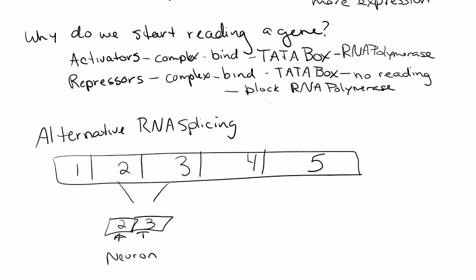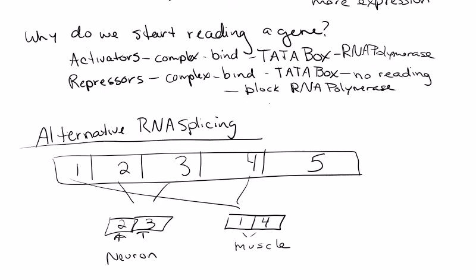I need 1 and 4. And so I can get rid of 2 and 3 and I can splice together my exons 1 and 4. Instead, that gives me a muscle cell. Okay, this is what we call alternative RNA splicing. All the genes are there. We've transcribed them. But what we're going to do is we're just going to read some of them. Okay, and only some of them.